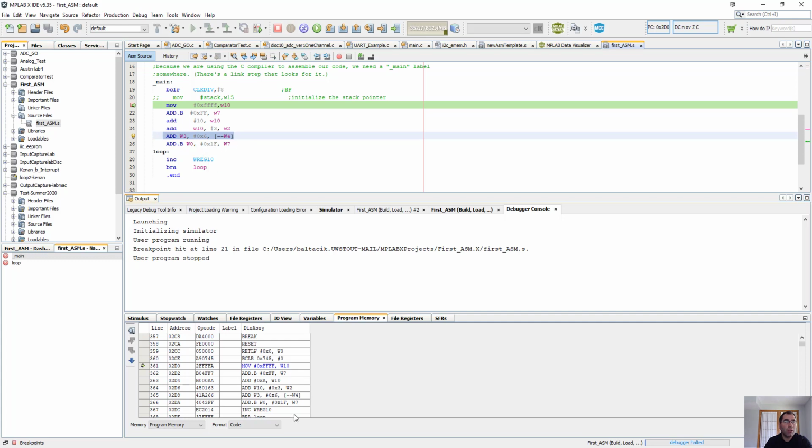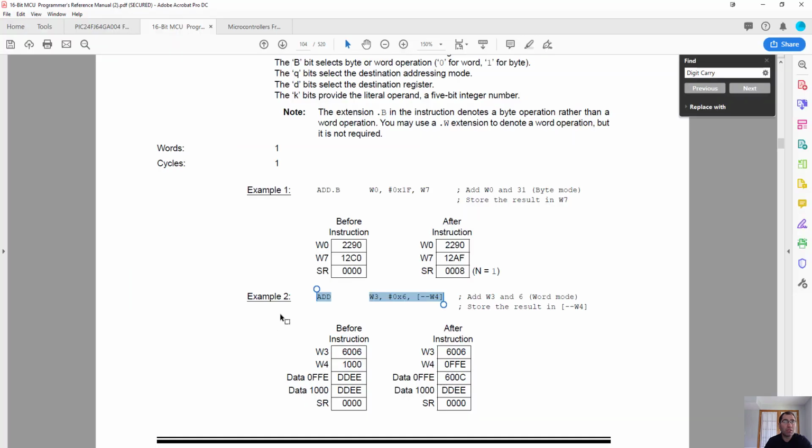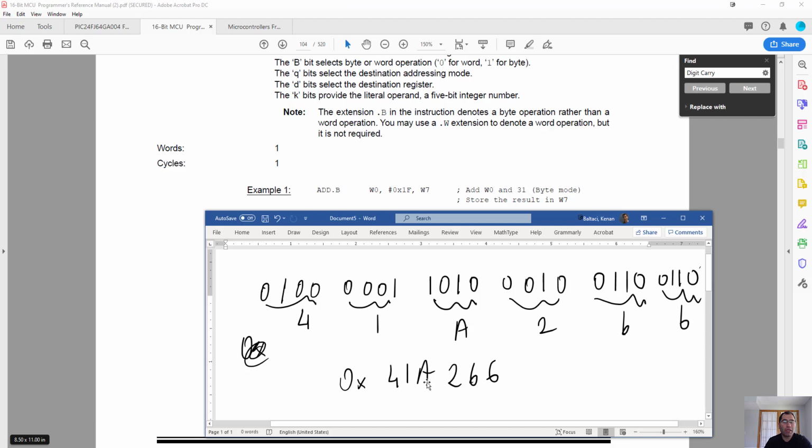Here you can see the opcode is 41A266, which is the exact same thing we got, right? So we were able to find the right opcode. So this is correct.